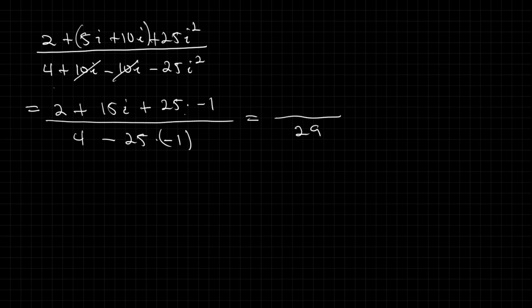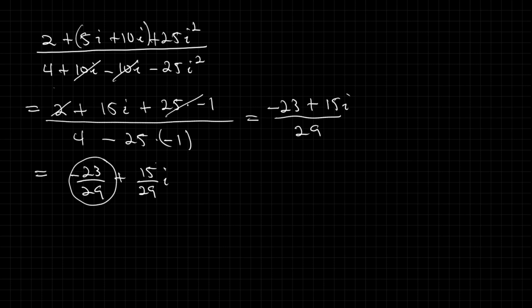And in the numerator, I'm going to have, as the real part, 2 minus 25, which will give me negative 23, plus 15i. Finally, we can go ahead and write this as negative 23 over 29 plus 15 over 29 i, which is the standard thing to do, to write the real part first plus the imaginary part.